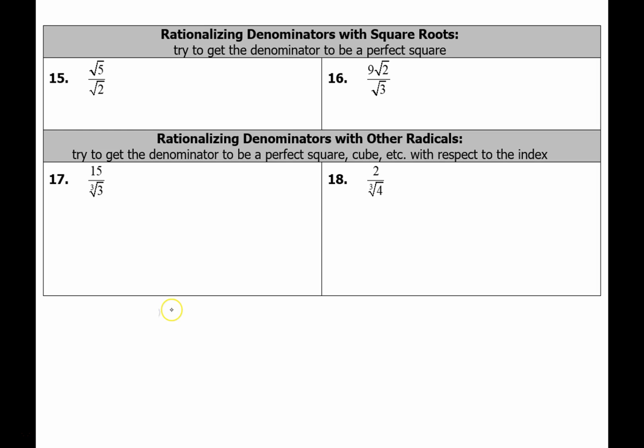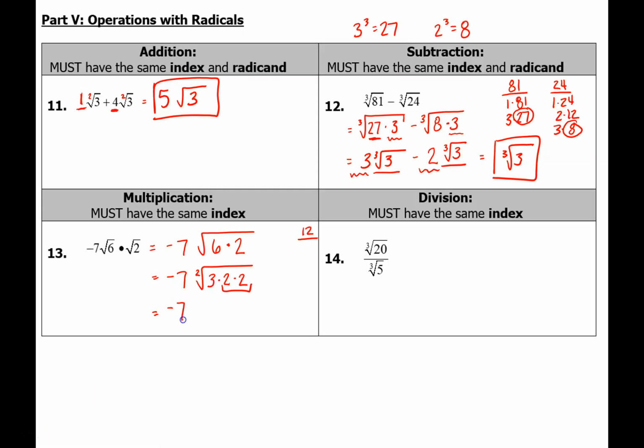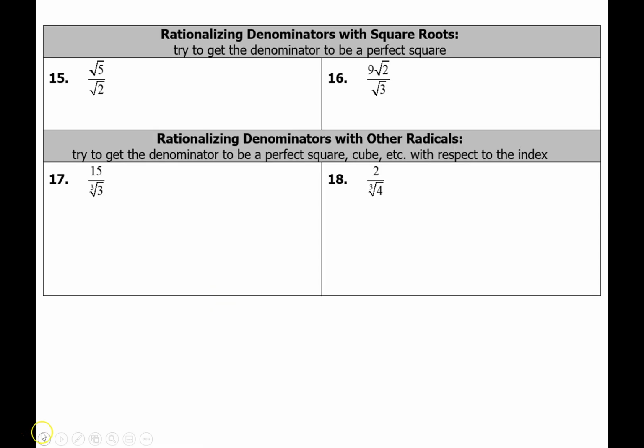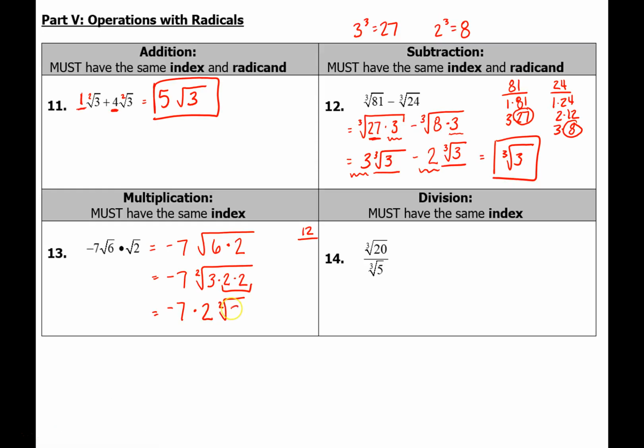So I'm going to bring that pair outside and do -7 times that pair. That comes out as a 2, and inside my square root I still have that 3 left over.